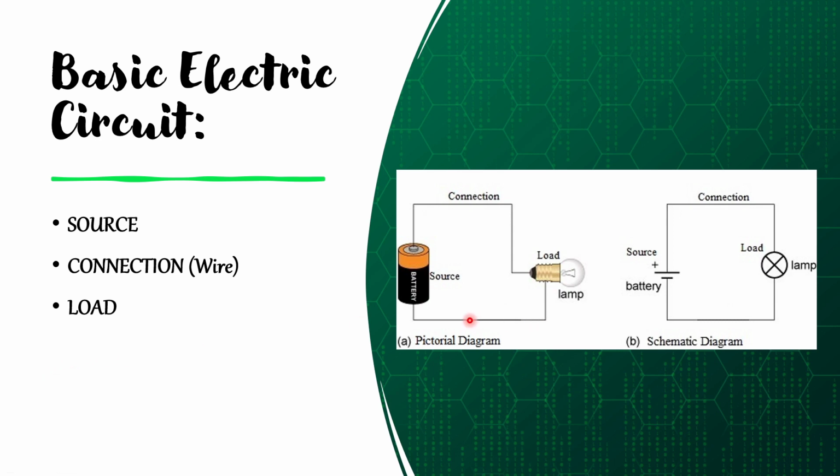We have two types of diagram: the pictorial diagram and the schematic diagram. They are similar, but drawn differently. We have here a source, a connection, and a load. The source here is a battery, the connection is through a wire, and the load is a lamp. So this is a basic electric circuit.